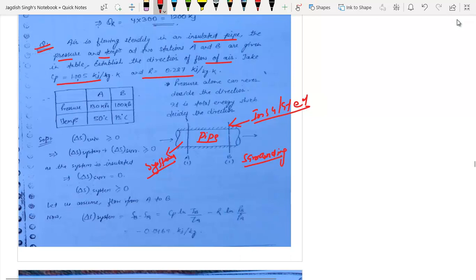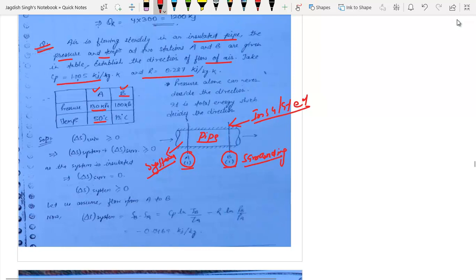The pressure and temperature at two stations A and B are given in the table. There are two stations, station A and station B, in the pipe. The pressure at A is 130 kilopascal and temperature is 50 degrees centigrade.